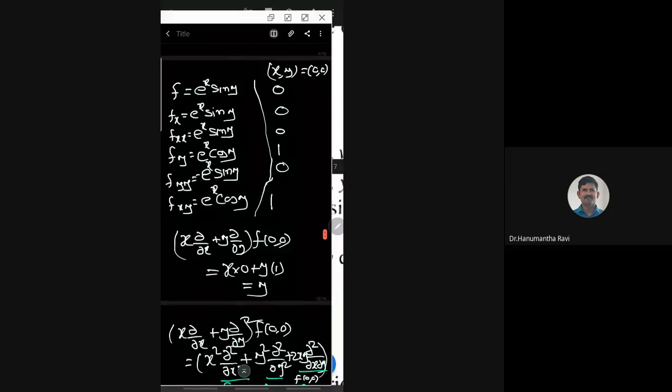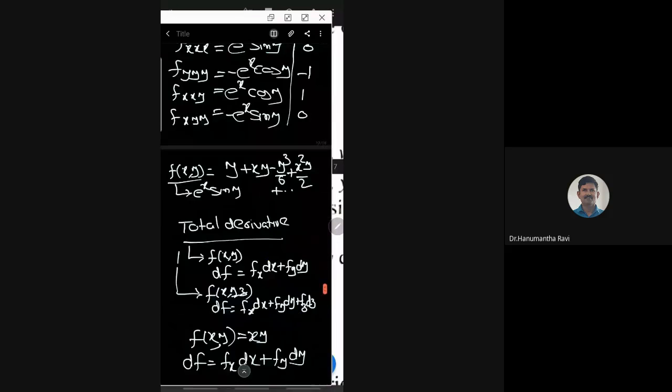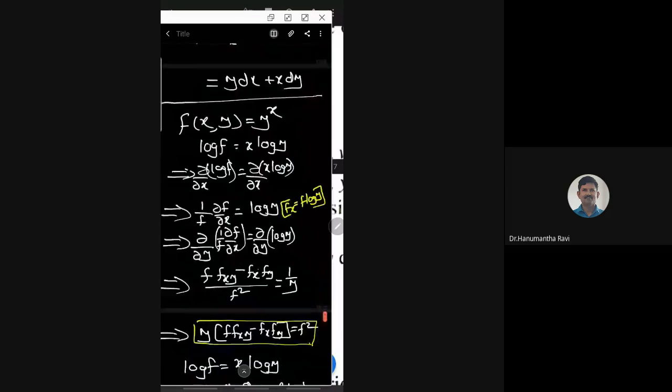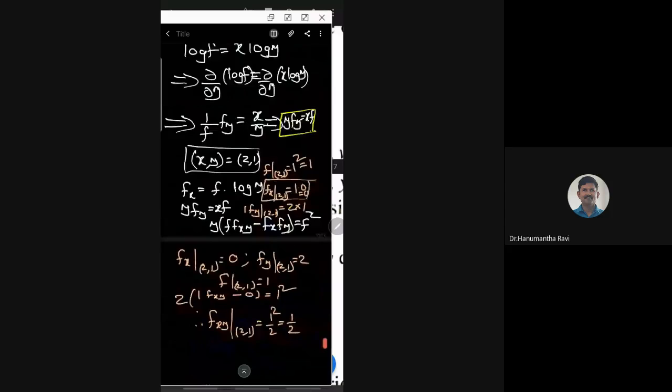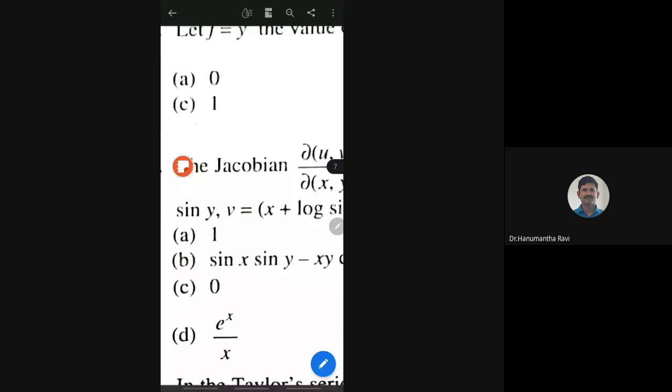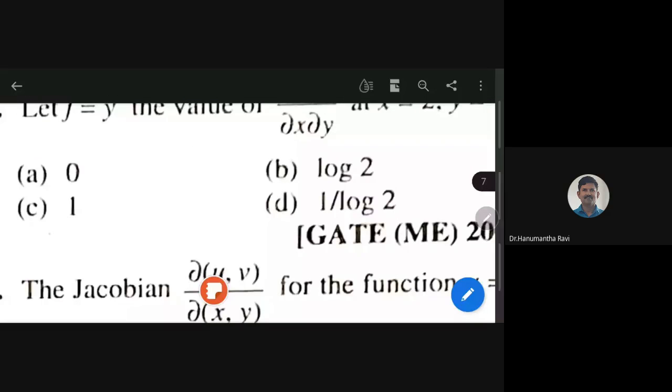and how to compute different order derivatives when we are dealing with functions of more than one variable. For example, this problem also we had done. So we had covered partial derivatives, differential calculus.